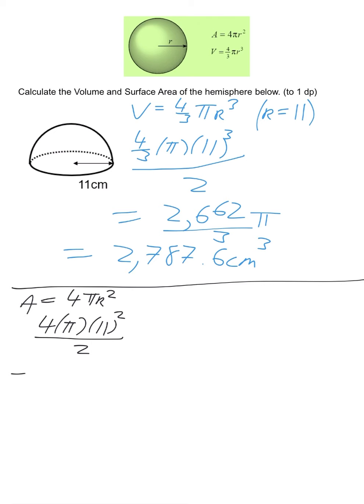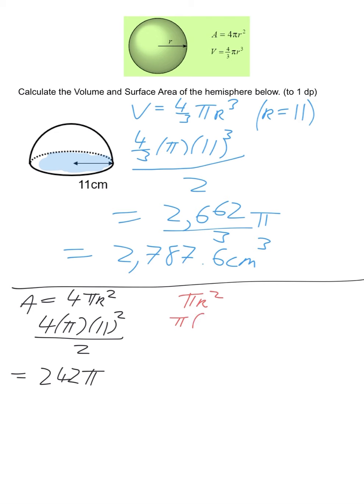So that then will equal 242 pi. But then remember, we need to be finding the whole surface area, okay? And there's also this circle at the bottom of the hemisphere. So I need to find the area of that circle. So that's just going to be pi times radius squared.